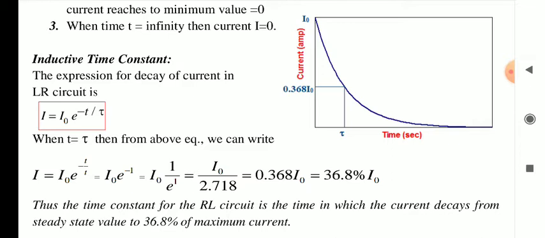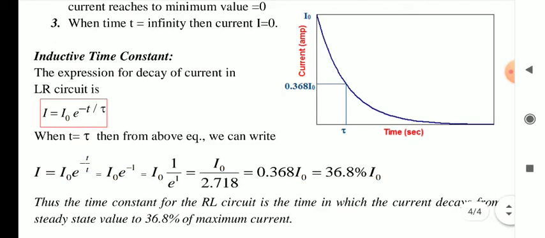The current decreases exponentially as shown in the graph. At the point equal to 0.368 times I naught, you draw a line parallel to the x-axis, then a vertical line, which cuts the time axis at a point equal to tau, and that gives the time constant of an RL circuit.